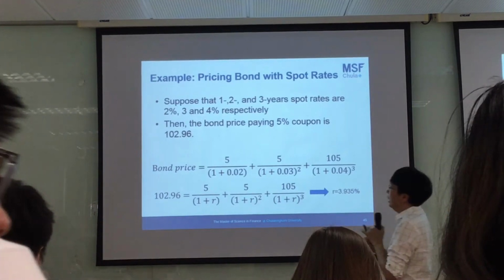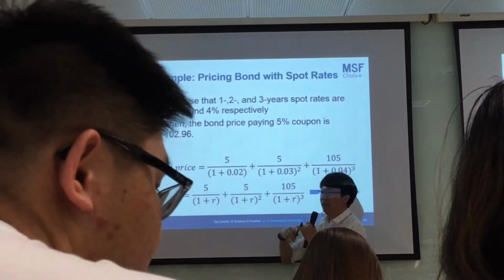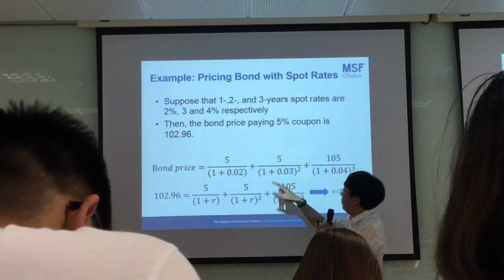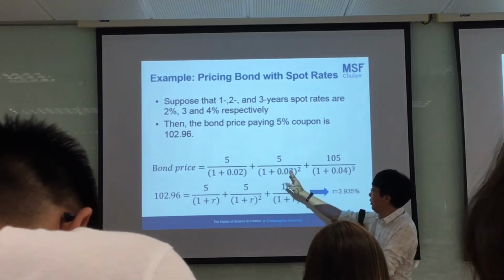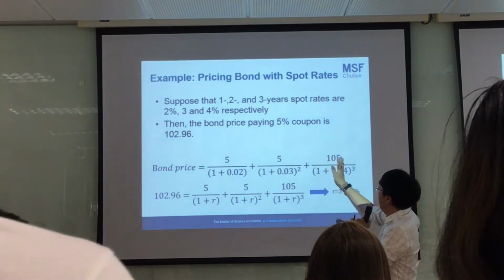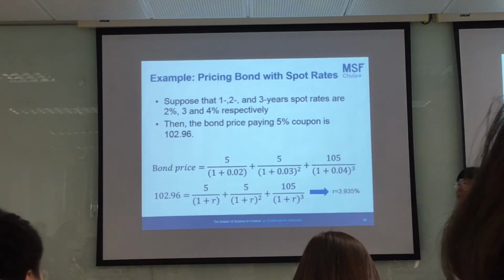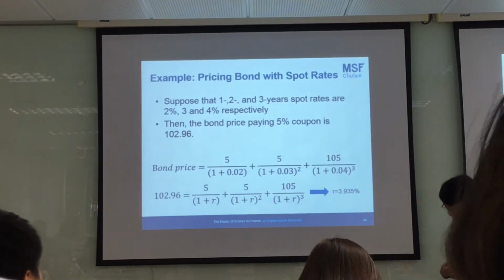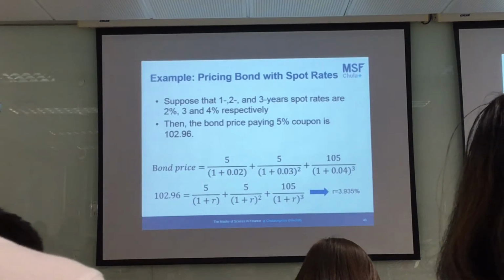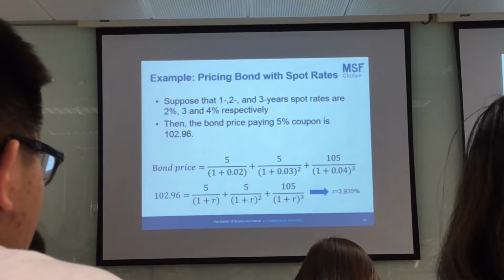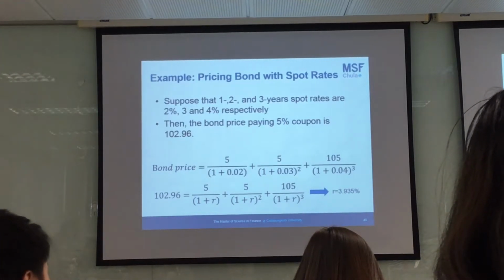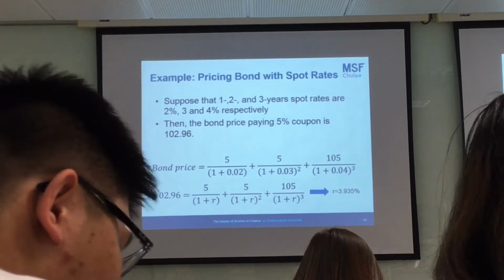The cash flow that occurs at year 1, we should use the discount rate for 1 year investment. For the 5 baht that occurs in year 2, we should use the discount rate for a 2 year investment horizon. This is for a 3 year investment horizon. Investing in a 1 year horizon and 2 years should not get the same return or discount rate. That's why this one may be more appropriate.